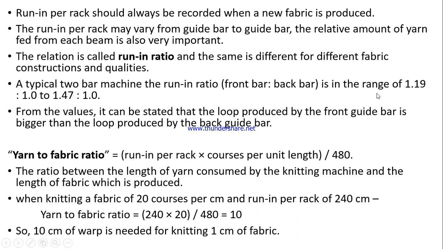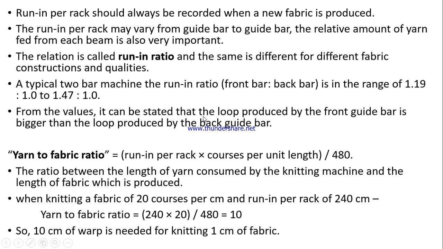So this is the range for a typical 2-bar machine, that is, the run-in ratio is from 1.19 to 1.47. From this value it can be stated that the loop produced by the front bar is bigger than the loop produced by the back guide bar.